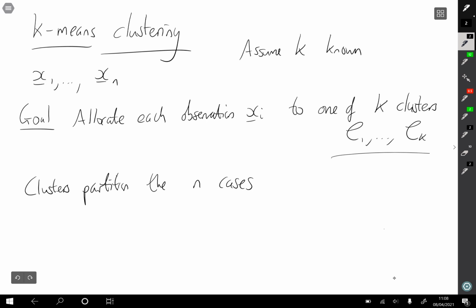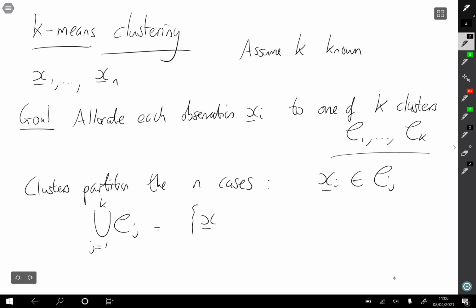So we're going to assume that the clusters partition the n cases. So in other words, we're going to assume that each xi is in some cluster Cj. And we're going to assume that if we look at the union of all the clusters, so j equals 1 up to k, we're going to get all the points back again.